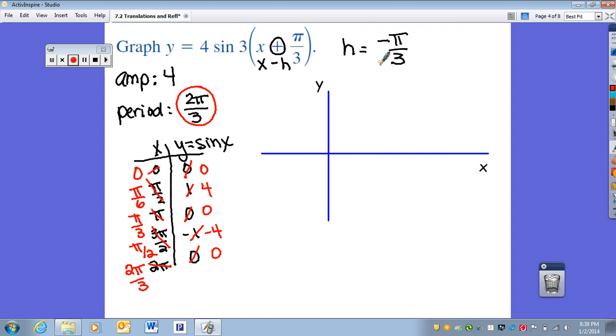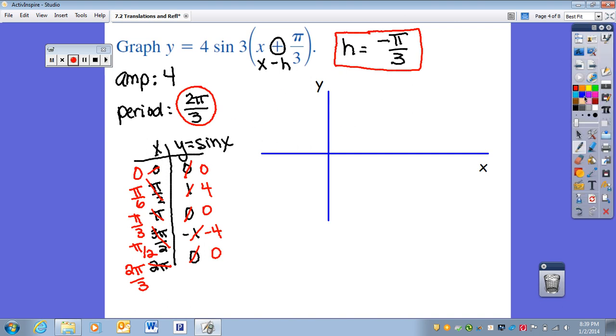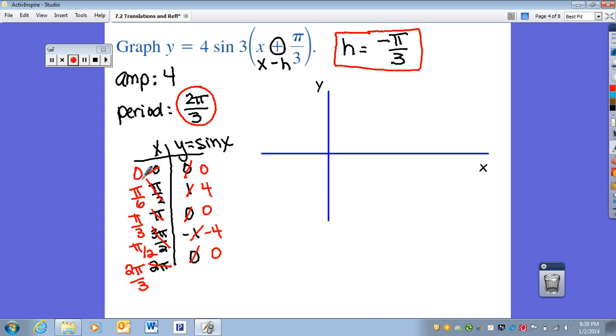Then our horizontal shift says that we now need to move our entire graph to the left, or subtract pi over 3. So we could do that simply on our graph, or we can change that in our table. So we're basically going to subtract pi over 3 from each of these. So 0 minus pi over 3 is going to give us negative pi over 3.